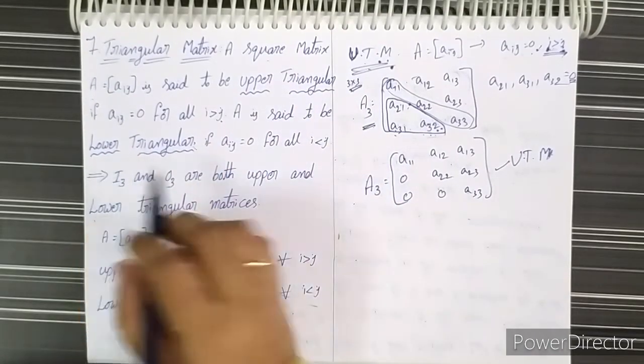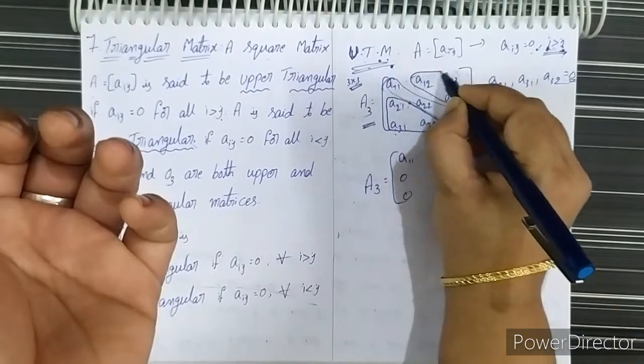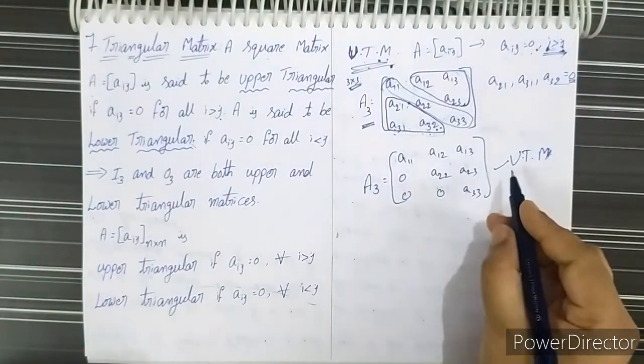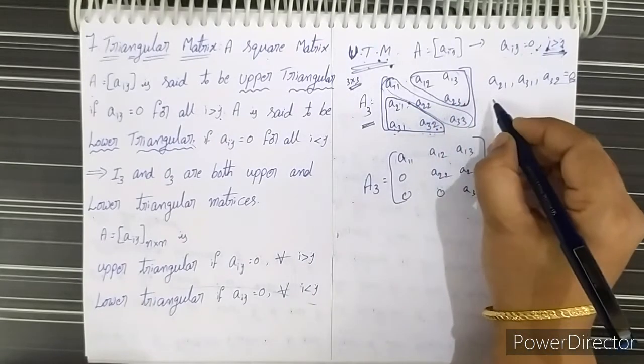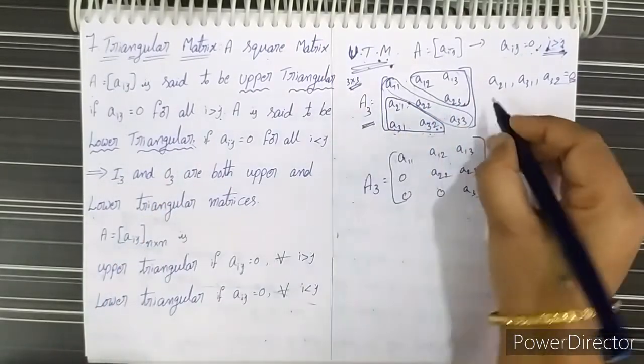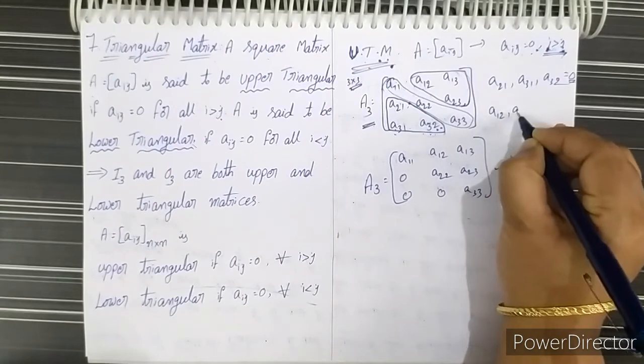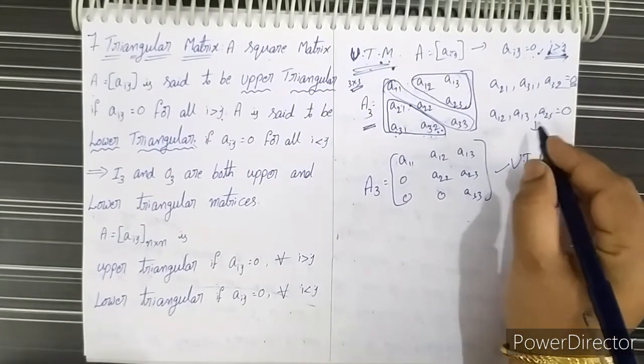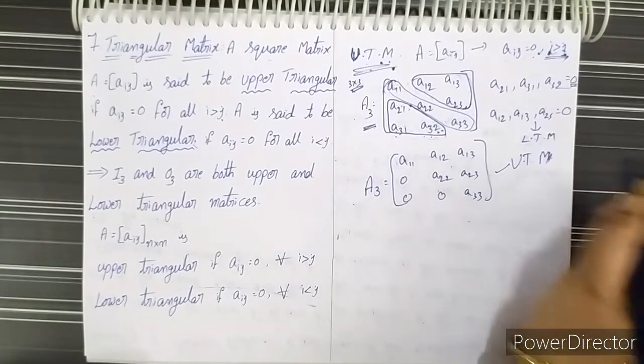Next, lower triangular means the upper non-diagonal elements are equal to 0. Then this matrix is called a lower triangular matrix. That means a12, a13, a23 are equal to 0. Then it is called a lower triangular matrix.